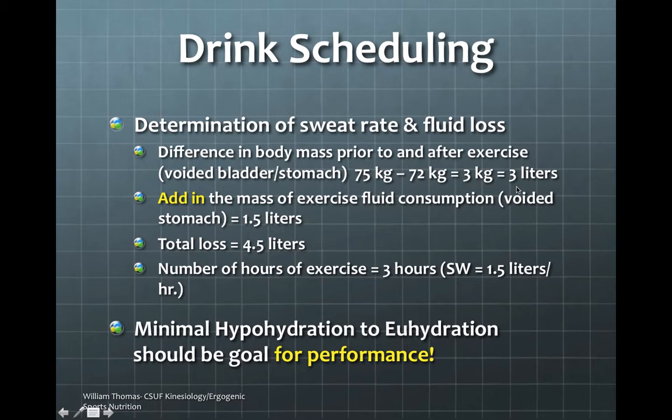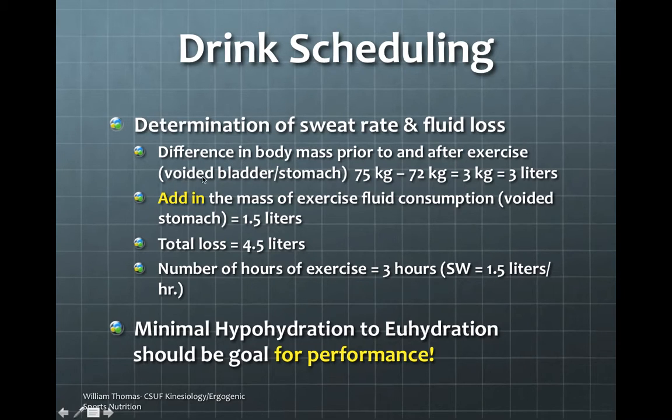To round everything to make things nice and tidy, 3 kilos is approximately 3 liters of loss. Just to make it real easy, if you lose 3 kilos, you lose 3 liters. If you lose 1 kilo, you lose 1 liter.